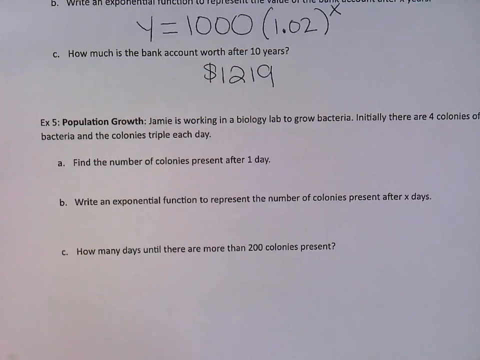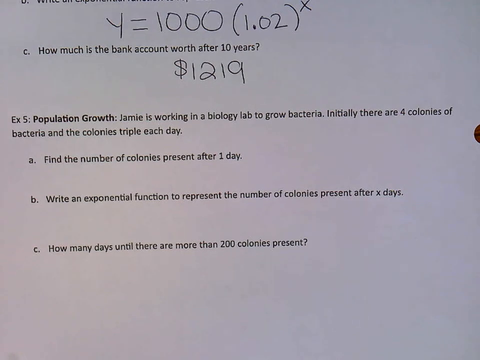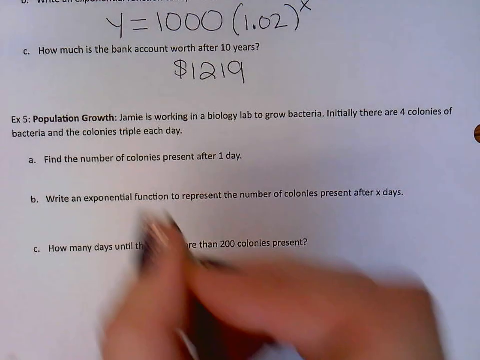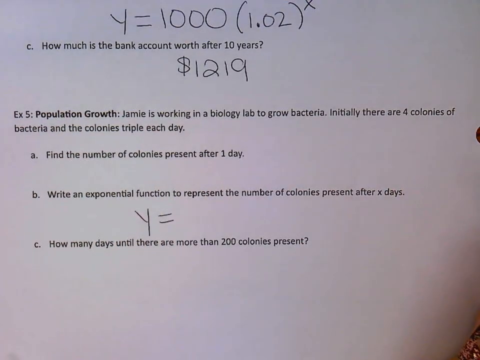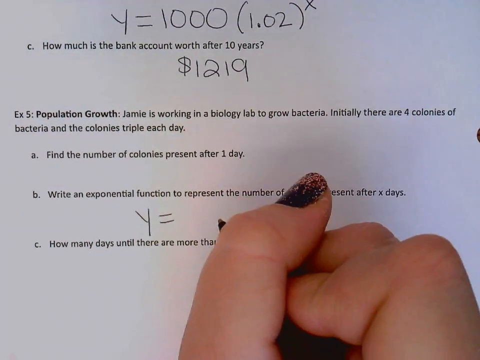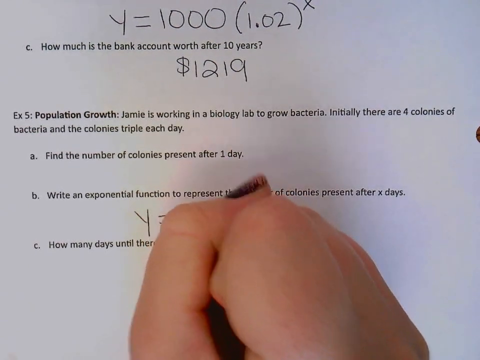And then this last one is population growth. Jamie's working in a biology lab with bacteria. There are 4 colonies present. The colonies are tripling each day. So find the number of colonies present after 1 day, find the equation, and how many days until there's 200 colonies. So let's write the equation first. She's starting with 4, and it's tripling.